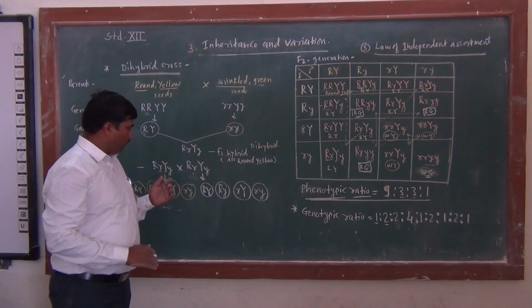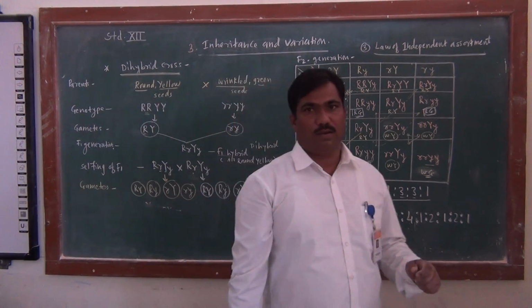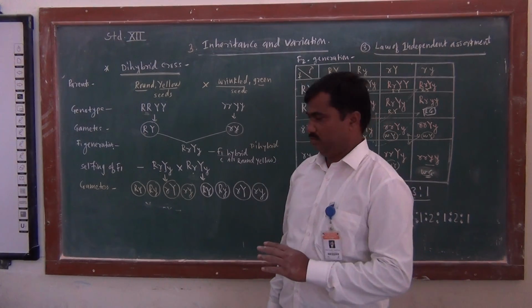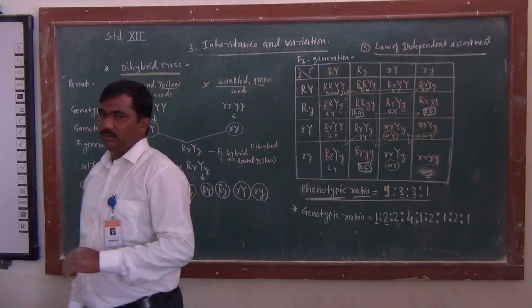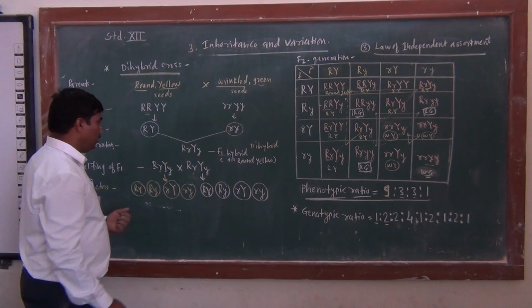So these factors or alleles in a dihybrid segregate and assort independently of each other.